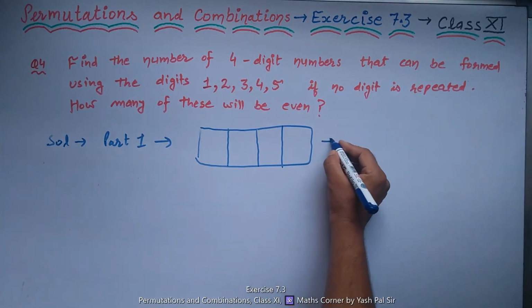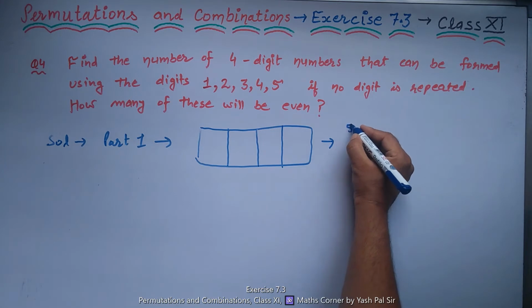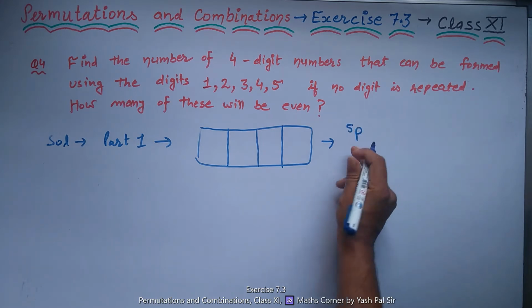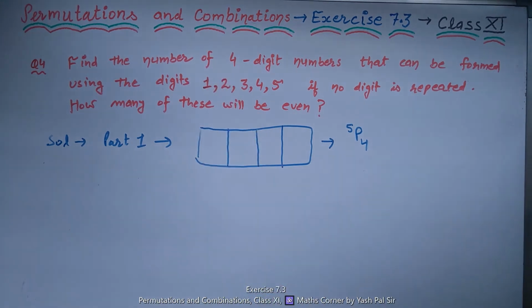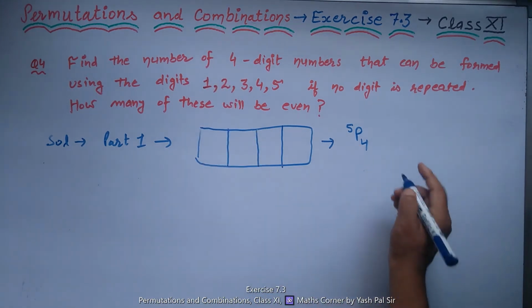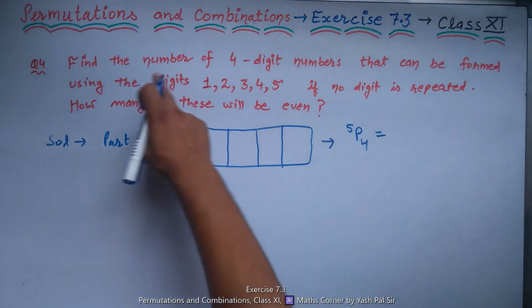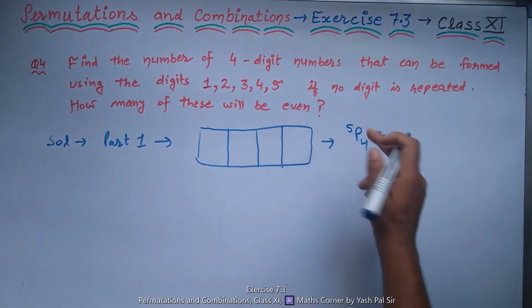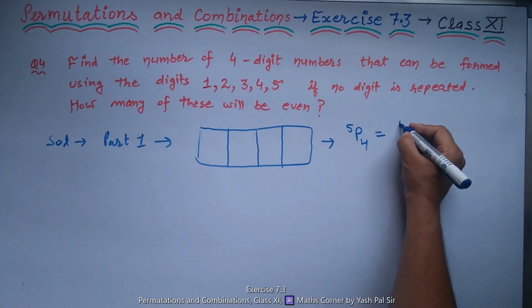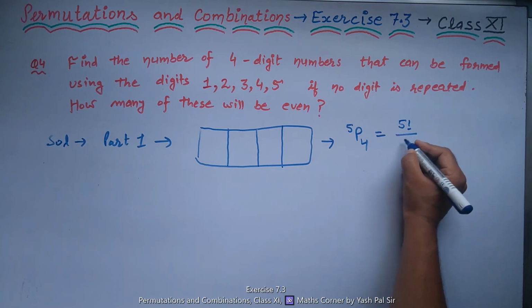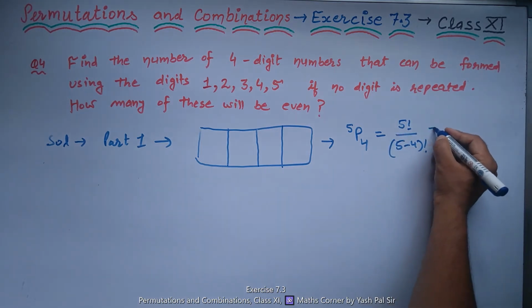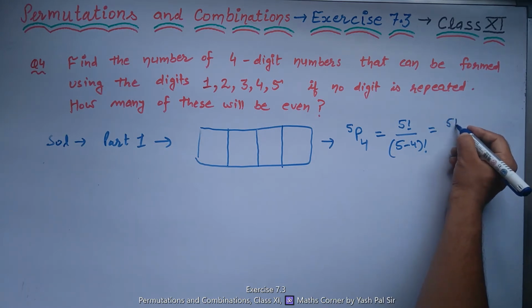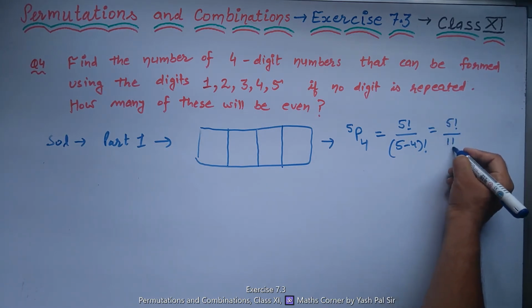So out of 5 digits we have to use only 4 digits. The total number of 4-digit numbers will be 5P4, that is 5 factorial divided by (5 minus 4) factorial, which is equal to 5 factorial upon 1 factorial.